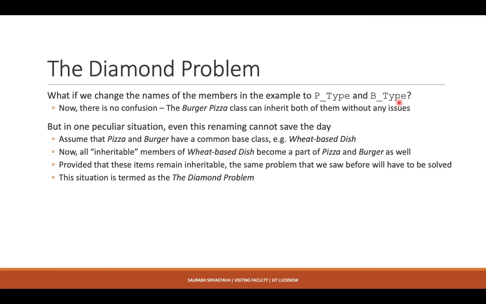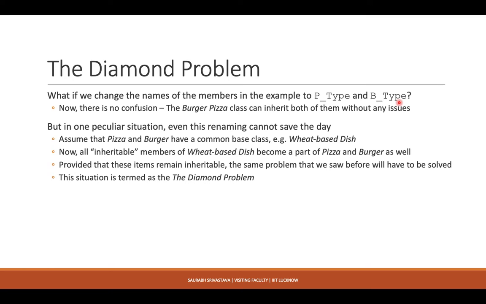It can either use them or not, it doesn't matter, but there is no problem with the implementation. We have two distinct fields which are being inherited by burger pizza, and we can even have another type field added to burger pizza itself. We can basically say that we have resolved this conflict.